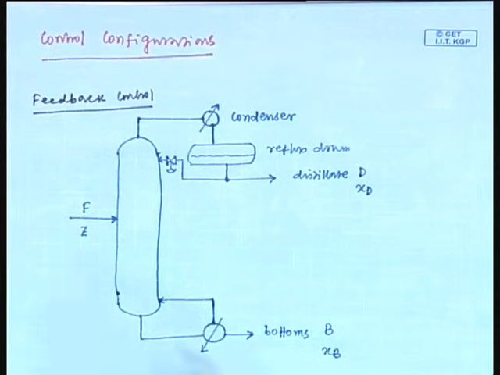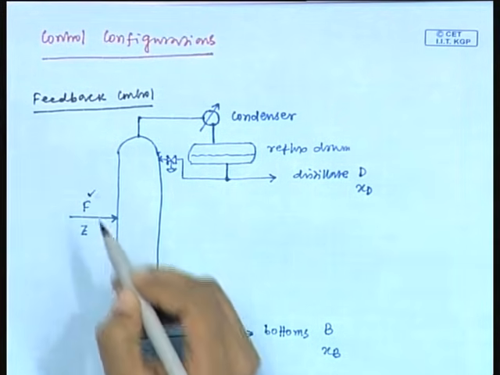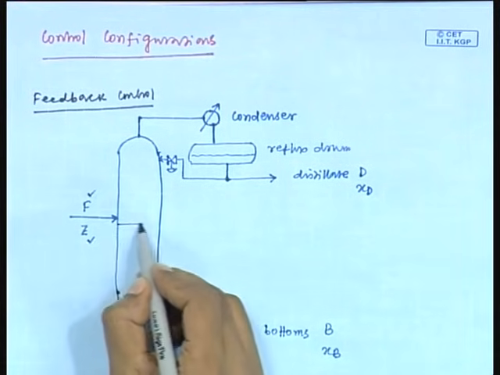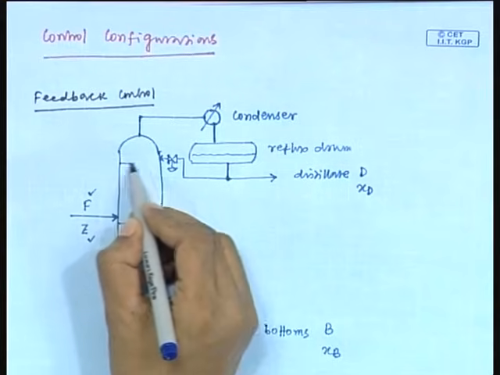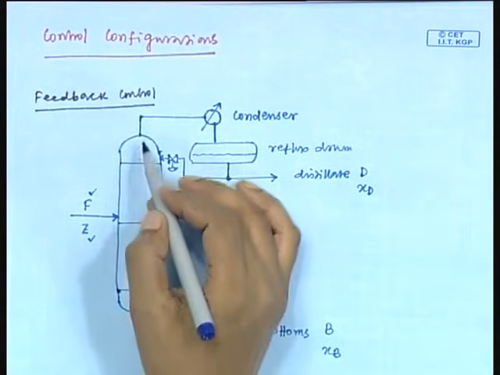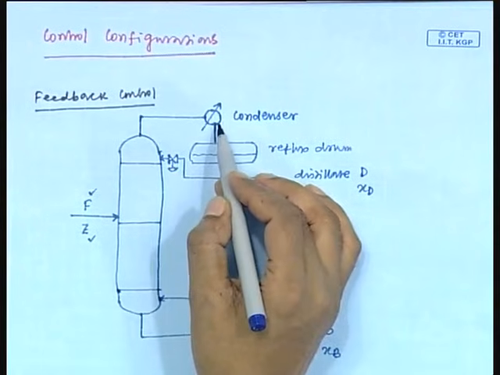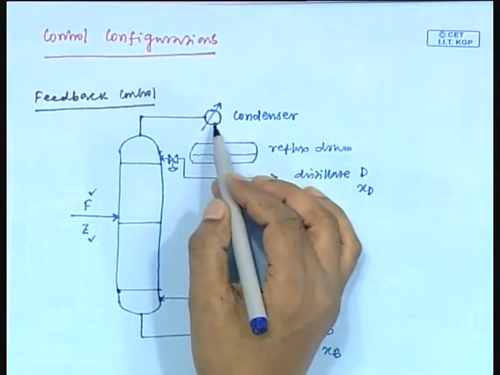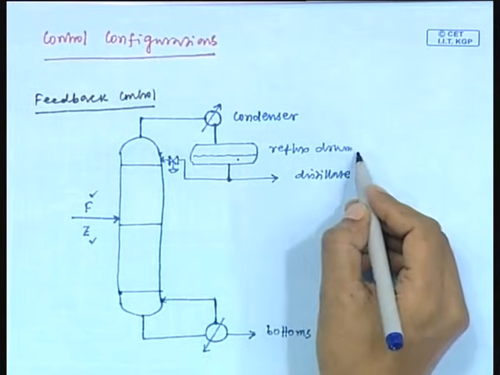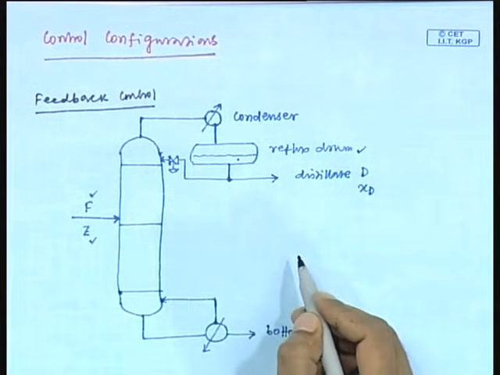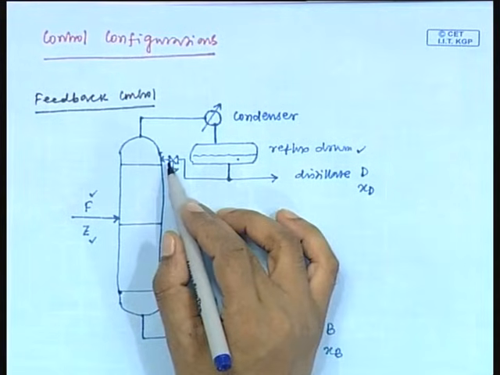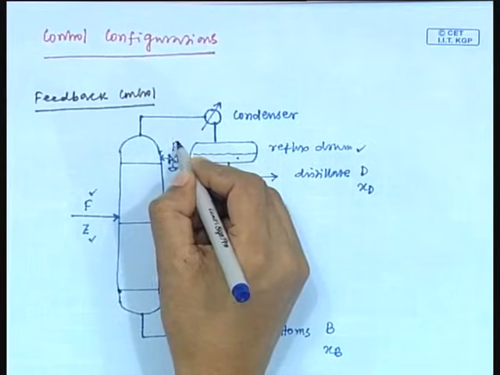Fine. So, feed is introduced with flow rate F, composition Z. This is the feed tray, this is the top tray, this is the bottom tray. Now, the overhead vapor goes to a condenser, condensation occurs, then the condensed liquid is accumulated in this reflux drum, and part of this liquid is recycled to the top tray as reflux.